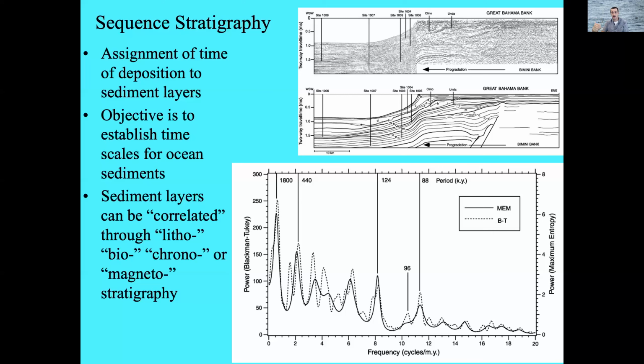And if you have a lot of water bound up in ice, then the sea level will be lower. So you essentially have movement of water between the ocean and land ice that in large part causes these long-term sea level changes.